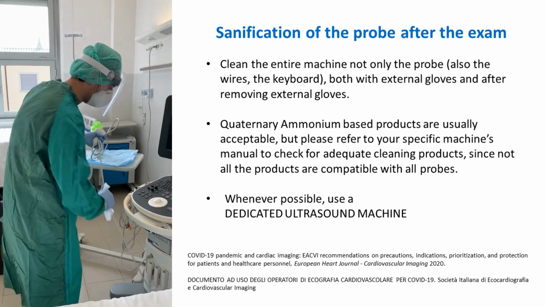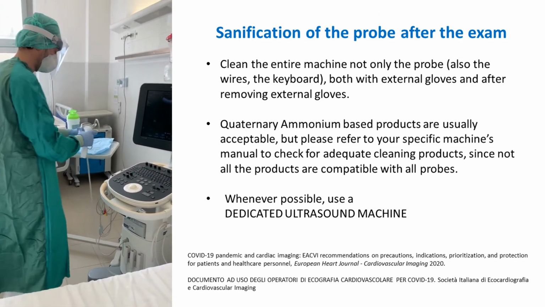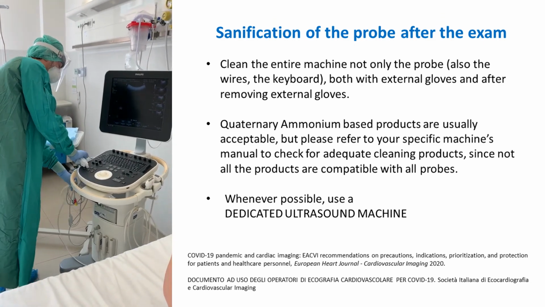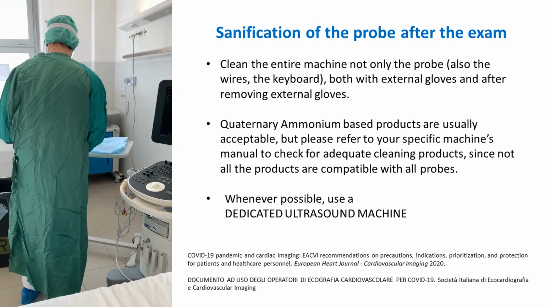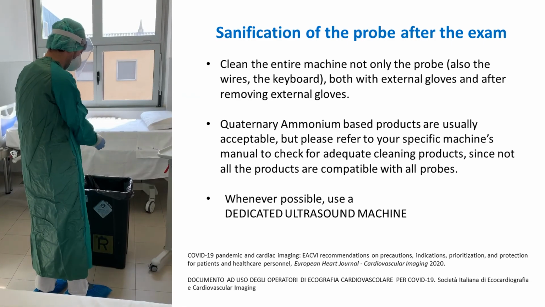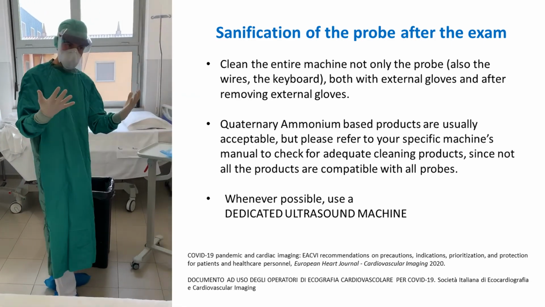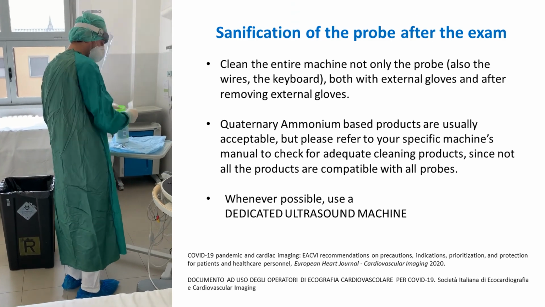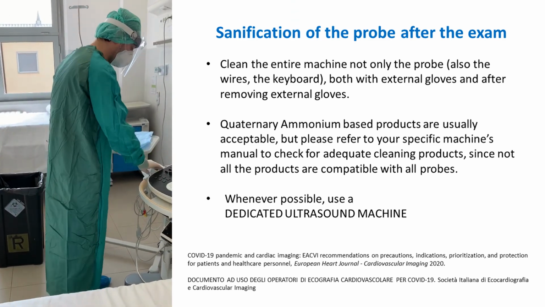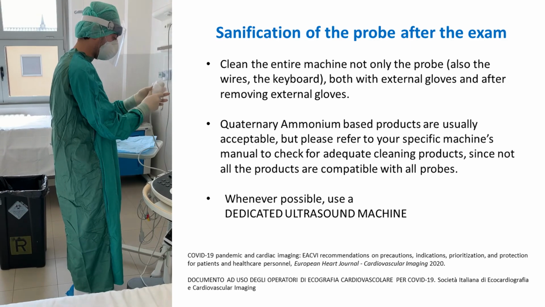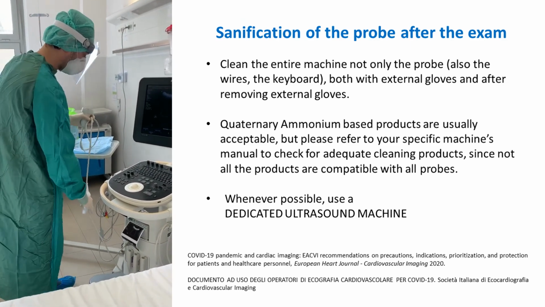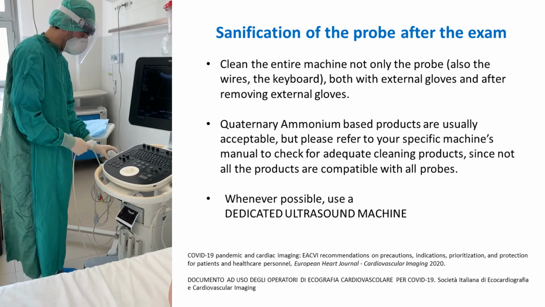It is advisable to do a first cleaning round with the patient-specific gloves. Then, after correctly removing these gloves, we should clean the surfaces again. If possible, a dedicated machine would simplify these procedures and reduce the risk of spreading the infection.